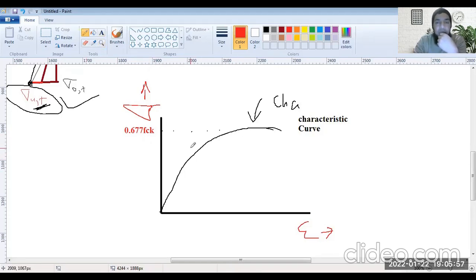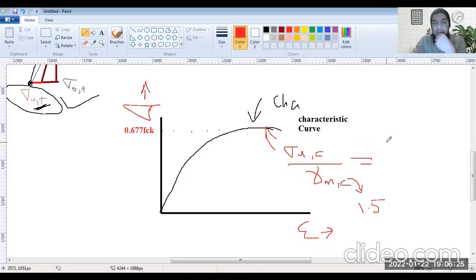लेकिन जो ही हम इसमें material safety factor लेते हैं, what happens is that this sigma U, जो कि एक final point था, sigma UC, that will be divided by gamma MC, which is the partial safety factor, जिसका value आपका है 1.5.